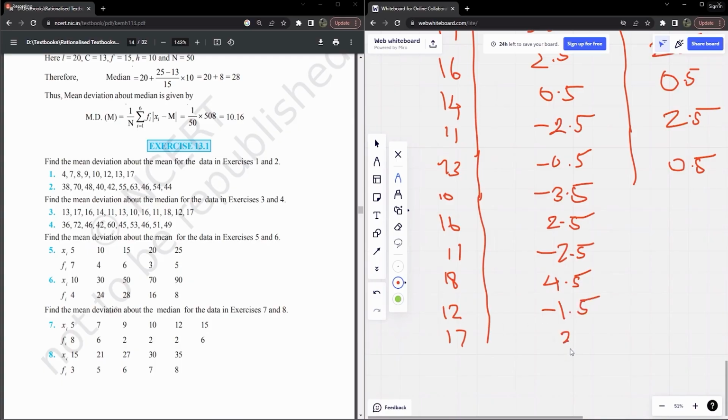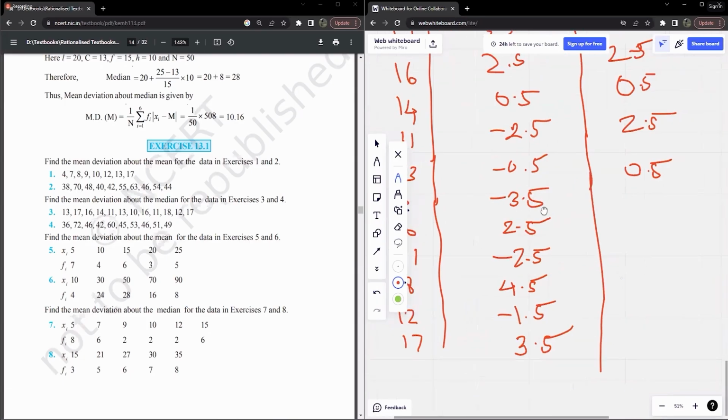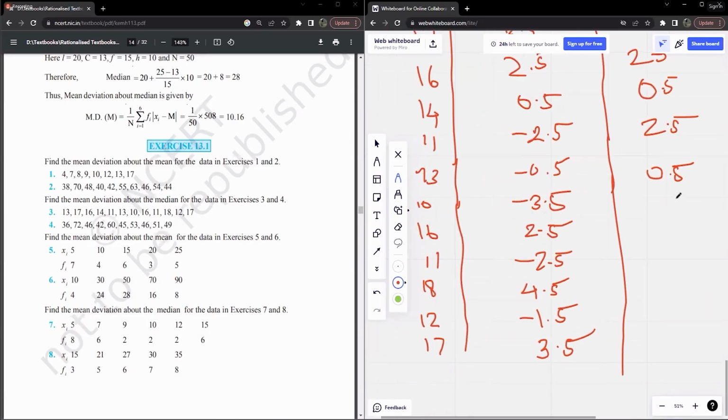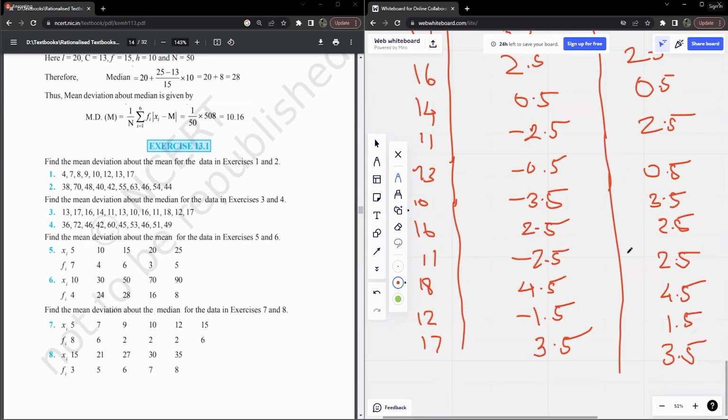And 17 is again going to be 3.5. So extending this over here, I'm basically going to get a 3.5, a 2.5, another 2.5, a 4.5, a 1.5, and a 3.5.